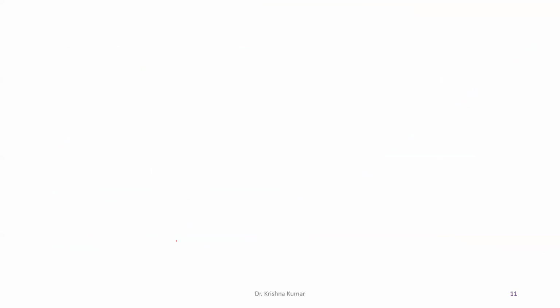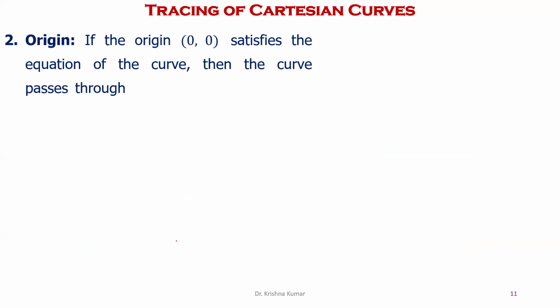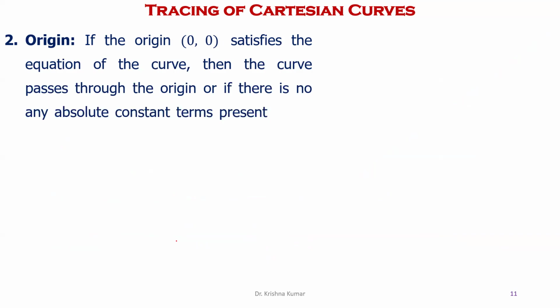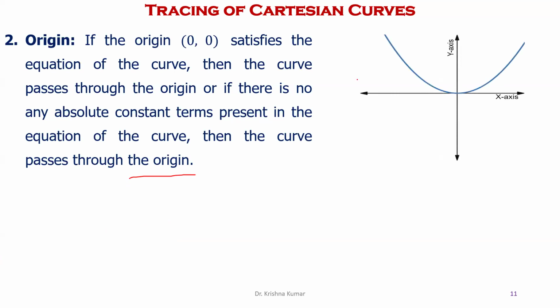This is the first point. The second point is the origin. If the origin (0, 0) satisfies the equation of the curve, then the curve passes through the origin, or if there is no absolute constant term present in the equation of the curve, then the curve passes through the origin. Look at this parabola, x square equal to 4ay.